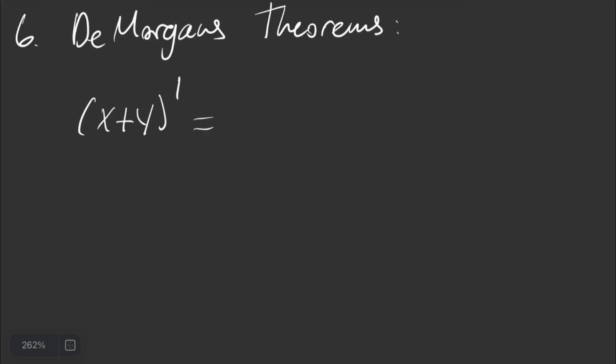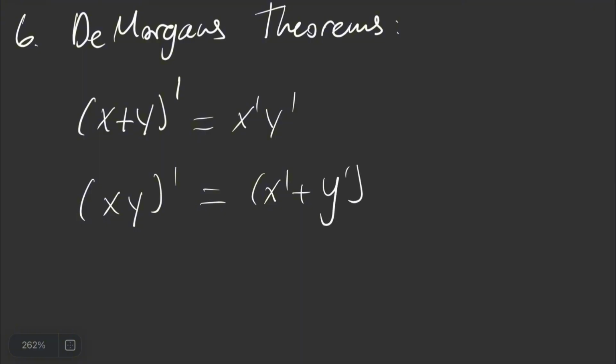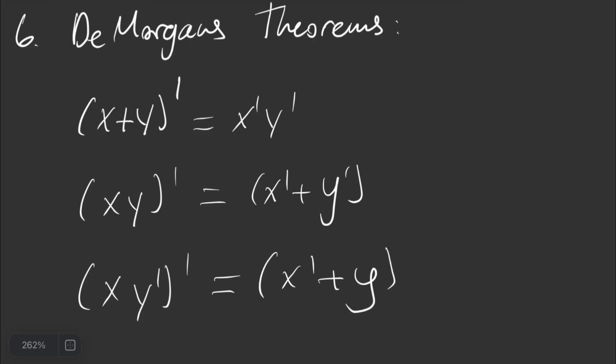For example, if we have (xy) prime, it's going to be x prime plus y prime. For example, if we had (xy prime) prime, it would be x prime plus y.